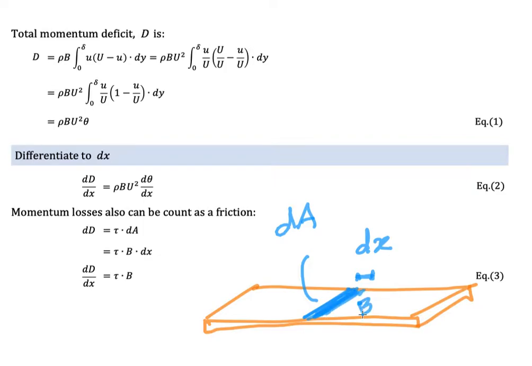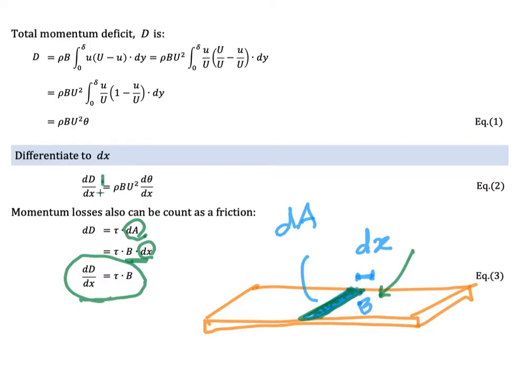I hope you understand why we use b here: this area is at the same x coordinate, so the shear stress on this line is equal, and we could take the whole length of b. So we substitute dA by b times dx, and bring the dx to the left-hand side. We could write dD/dx is equal to tau b.